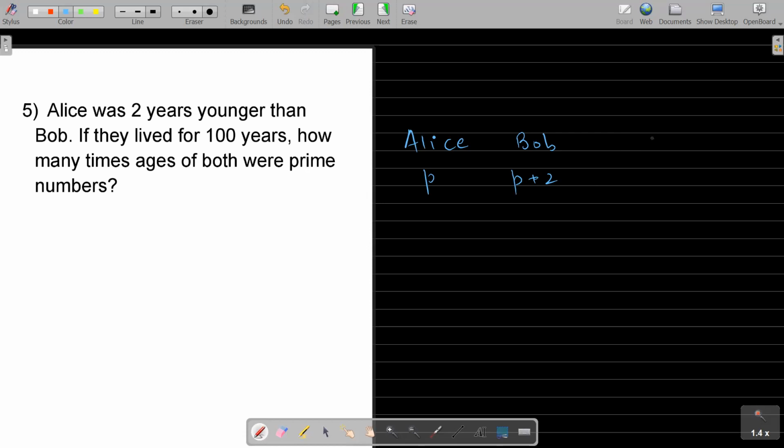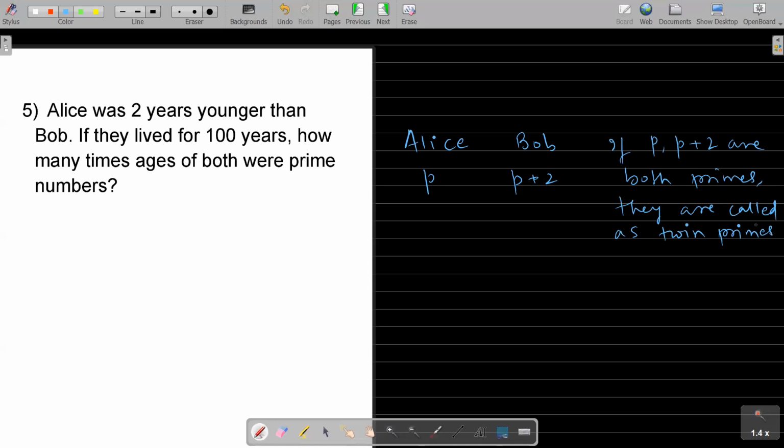And such pairs, P and P plus 2, are both primes. So their ages must be twin prime numbers. Yes, so they are called twin primes.